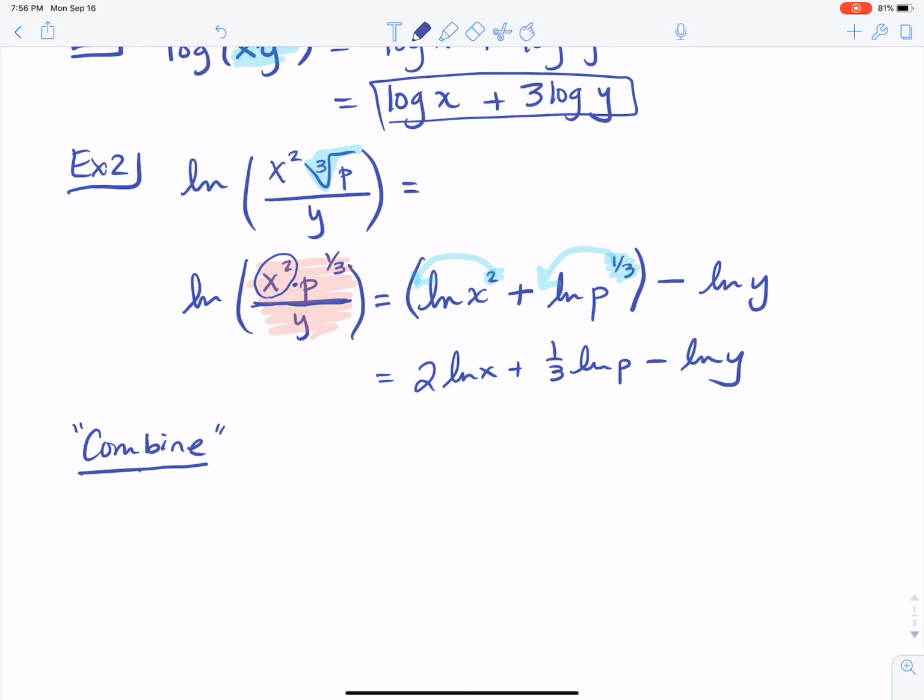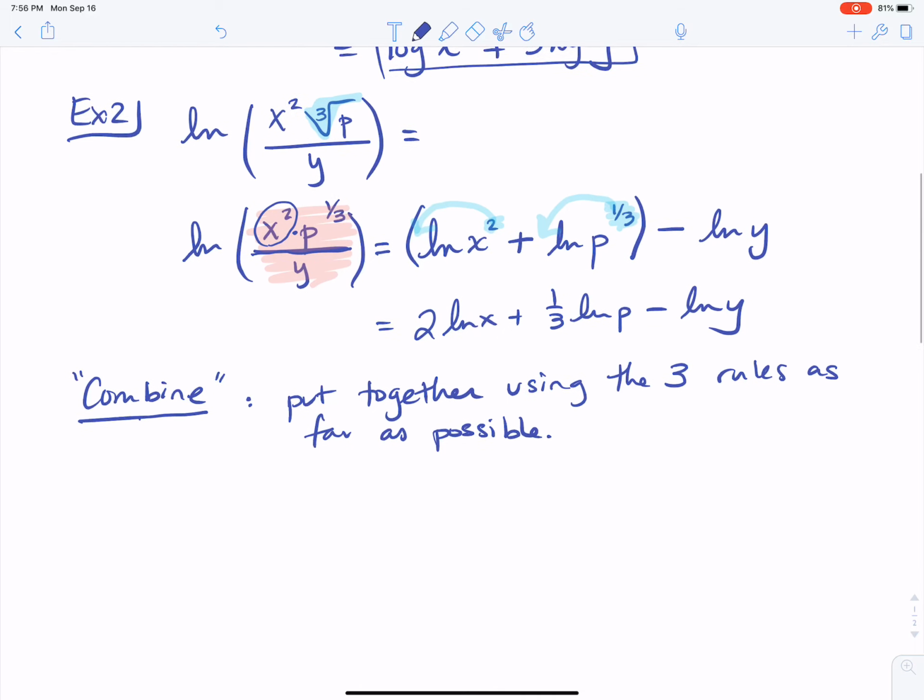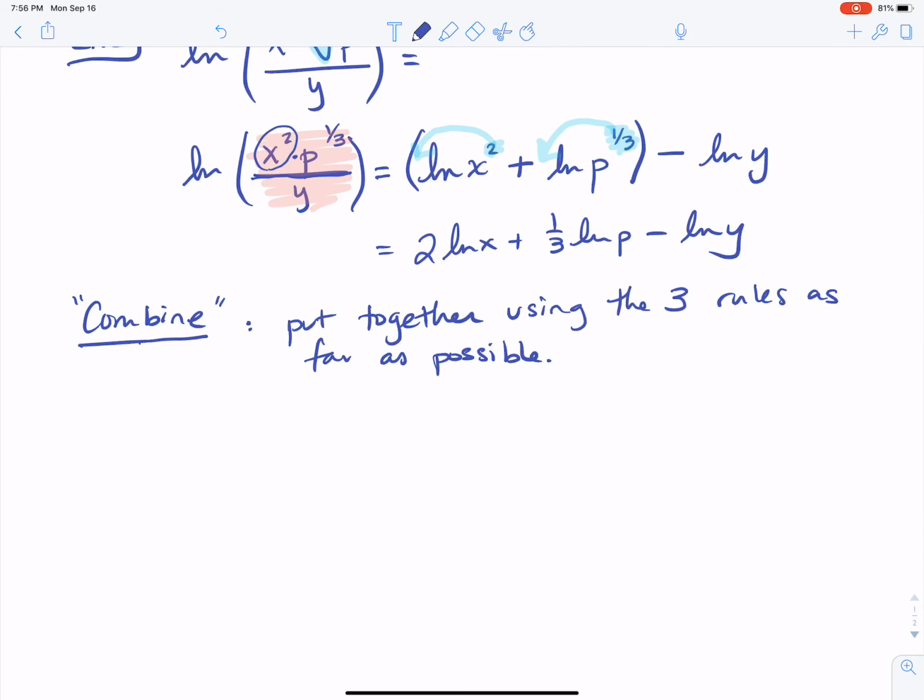But combining problems means you want to put them together as far as you can, using the 3 rules, as far as possible. Okay, again, this is just practicing using those rules. We're not doing anything with the problem. Once we've used the 3 rules, we're just trying to go as far as possible.